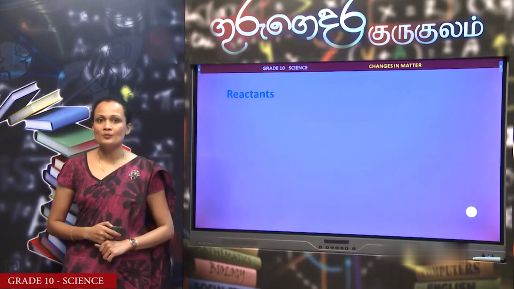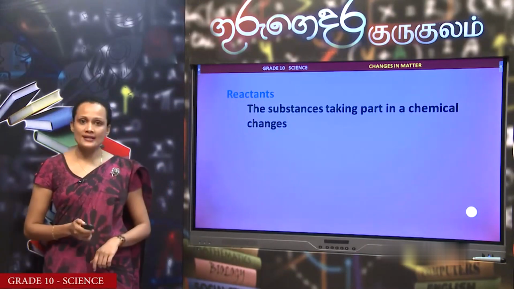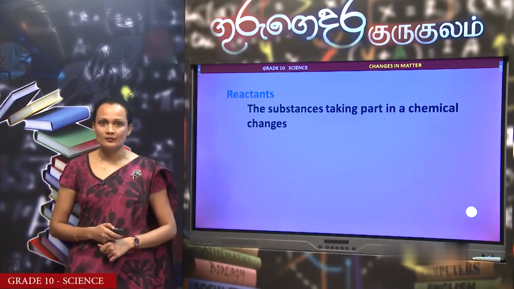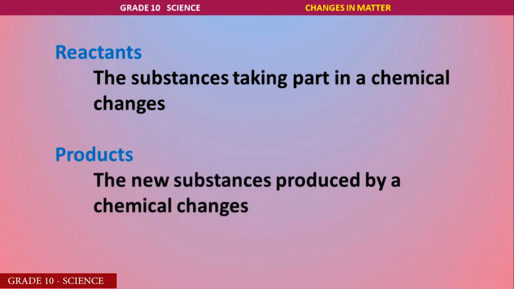If we consider chemical changes, there are some substances which participate in the chemical reaction or chemical change. The substances taking part in a chemical change we consider as the reactants. And after the chemical change, new substances are formed.